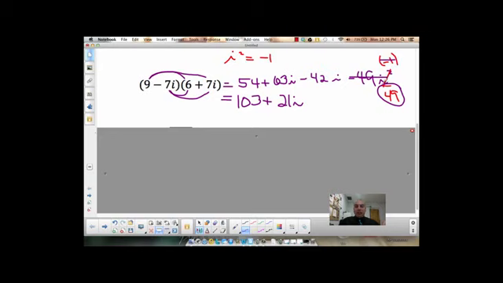Now, if I had left this i squared the way it was, I wouldn't have a complex number. Remember, all complex numbers have to be of the form a plus bi. If I left the i squared there, I wouldn't have the complex number.